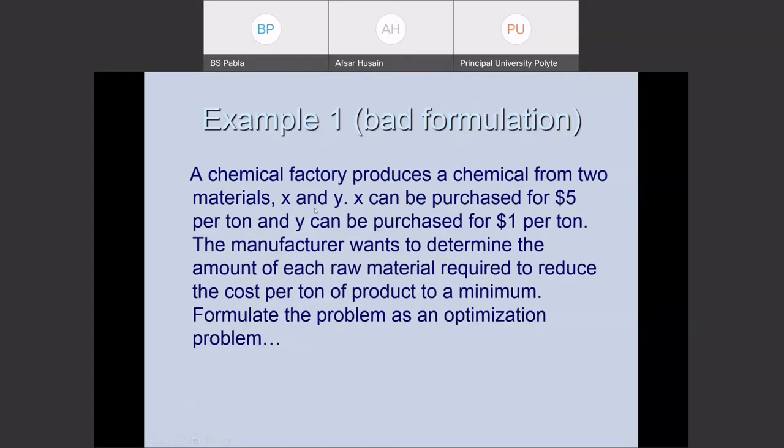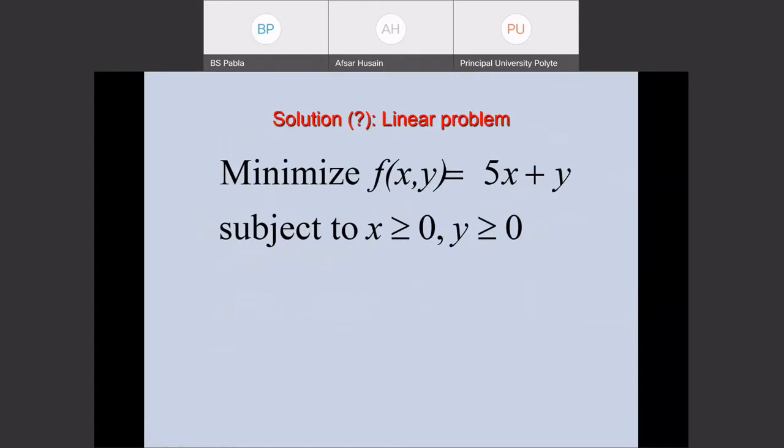But let's say you want to put it in terms of variables. Let's say you have x quantity of the first material and y quantity of the second material. Then what is the total cost? 5 into x plus 1 into y. That means I want to minimize this. Subject to what?